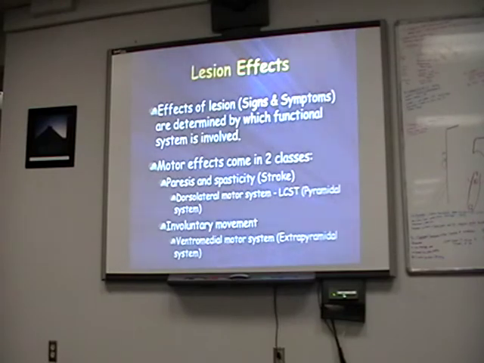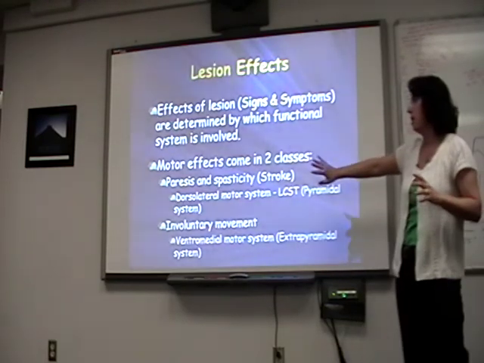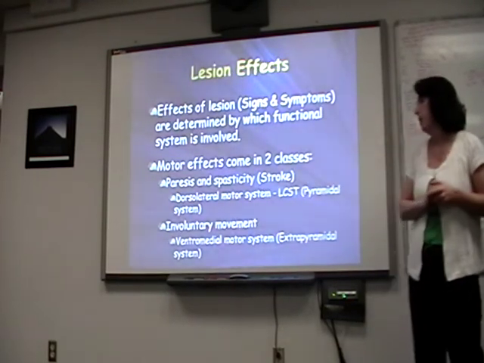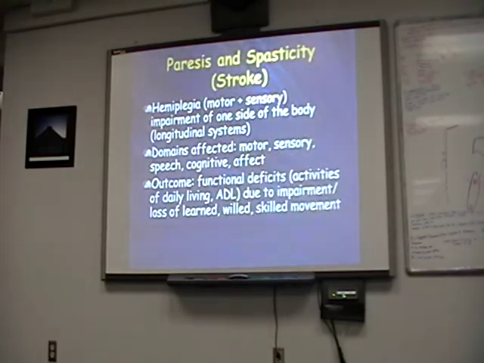All right. So again, we've got our two classes. Paresis and spasticity is really going to be our pyramidal system, versus extrapyramidal being outside. And we'll look at some different ones. But basically with our pyramidal lesions, our weakness and our spasticity, we see this a lot with stroke.